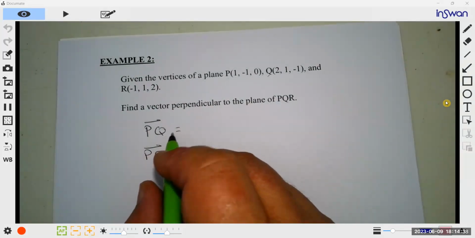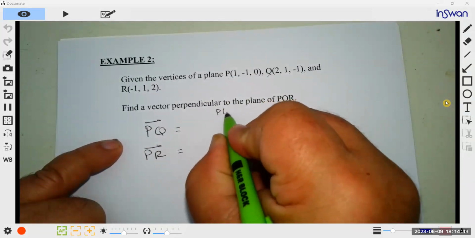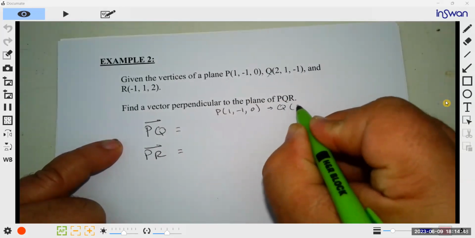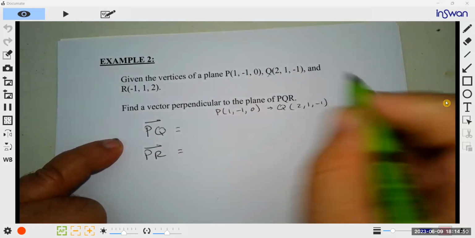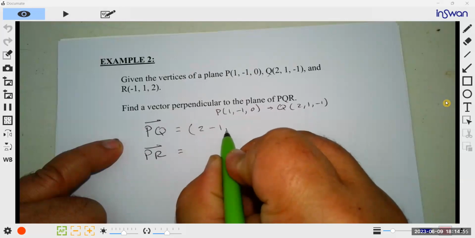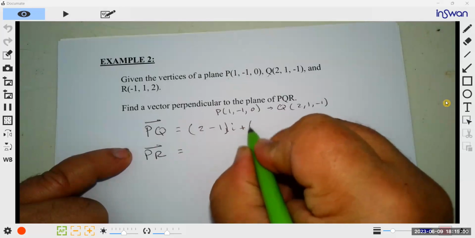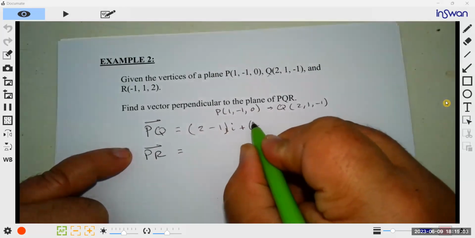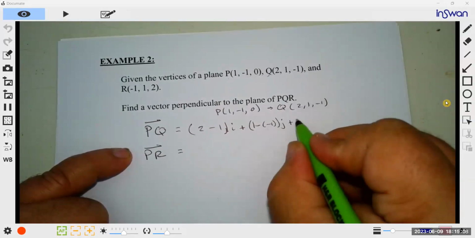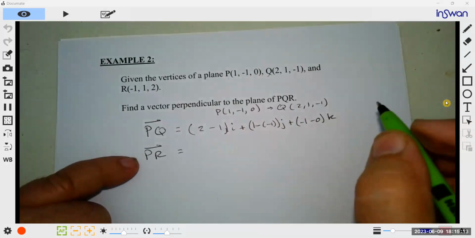Remember how we find this? So the first one we do from P, 1, negative 1, 0 to Q, 2, 1, negative 1. So it's going to be 2 minus 1 i, 1 minus negative 1 j, negative 1 minus 0 k.